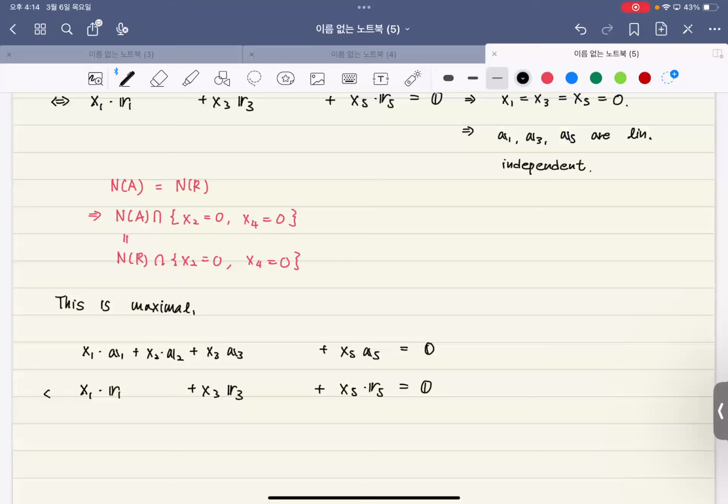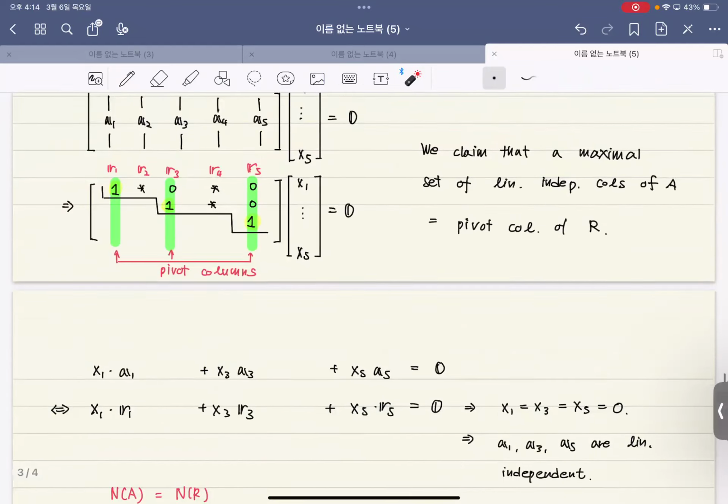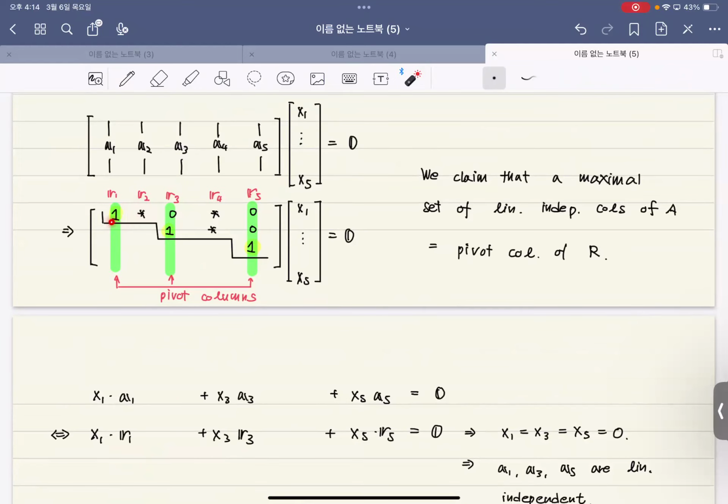In order to check that, you will need to find the solution of this vector equation, which is the same as this vector equation. But R1, R2, R3, and R5 are not linearly independent. Why? Because R2 is nothing but a scalar multiple of R1, right?